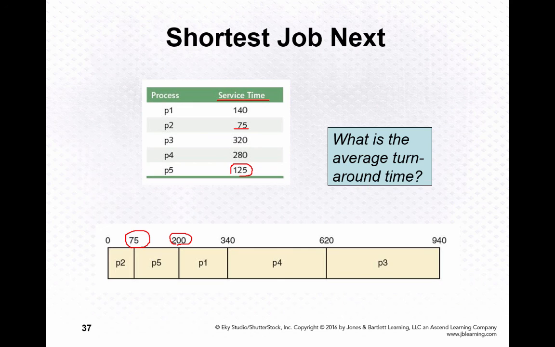You can already tell that's going to be smaller, and you divide it by 5, and I got 435 for the average. So it's significantly better, and like I said, shortest job next is provably optimal, provided you've got some oracle that tells you the service time for the process. Now, how it works when you don't have that depends on how well you can guess the service time.